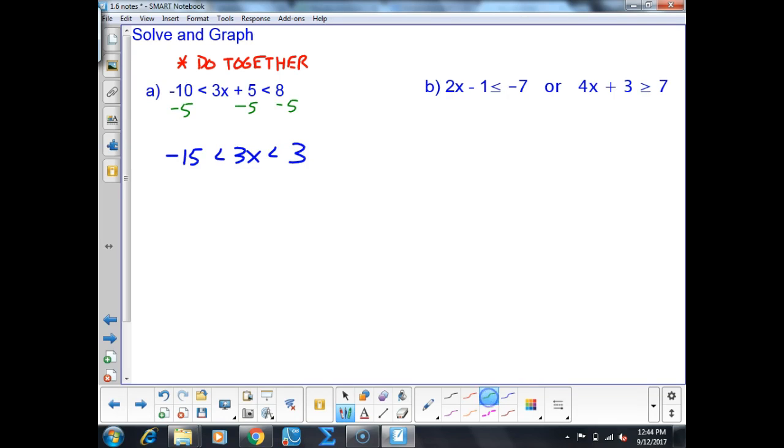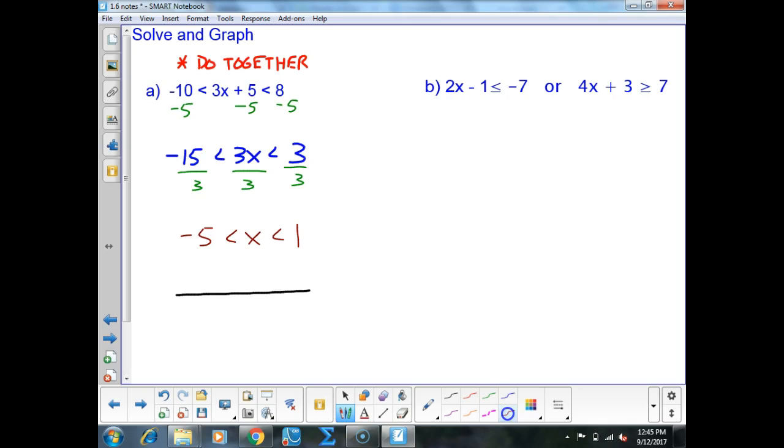Then I'm going to divide everywhere by 3. Again, if I divided by a negative, both of those inequalities would change. And so that gives me negative 5 is less than x is less than 1.